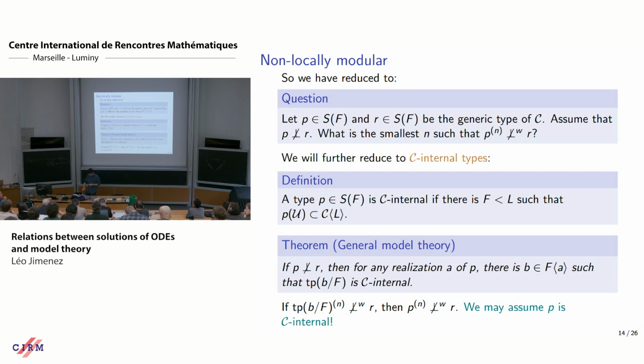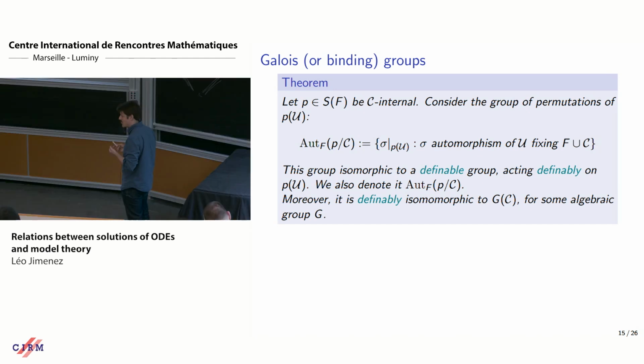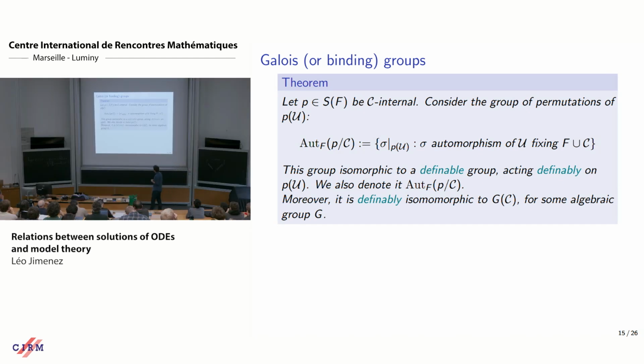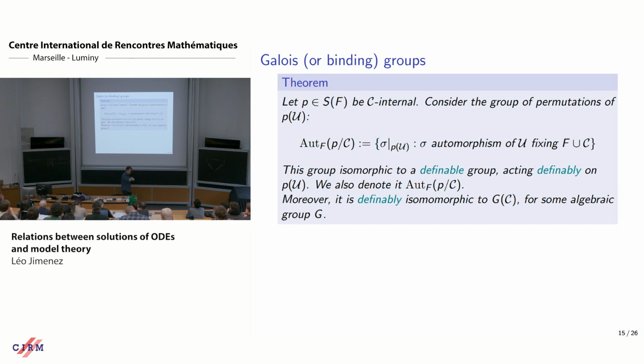All right, and so why is it nice? It's because we can do differential Galois theory, right? So here's the model theoretical version of the differential Galois group. So let's have a C internal type over F. And what I do is I consider this group Aut of P over C. What this is, is I restrict the automorphisms of my big differential field U to the realizations of P, right?